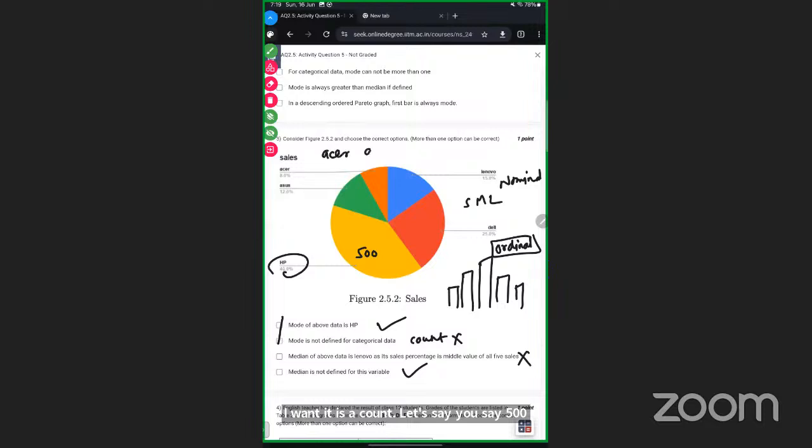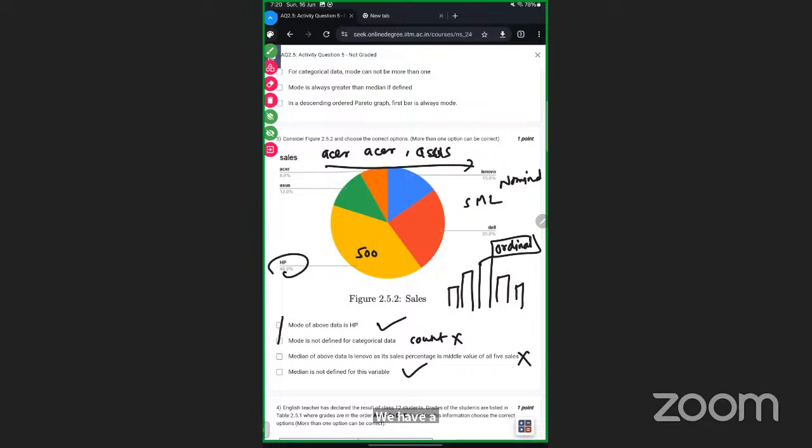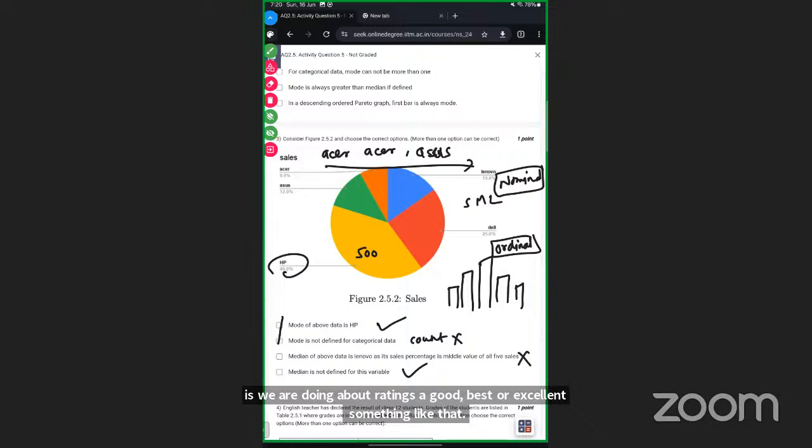You can't order it. The first task in finding median is you need to arrange the numbers in ascending order. It's nominal data, you can't put them in any order. Sir, if we are doing ratings like good, best, or excellent, can we find median? Yes, you can find median because it's ordinal data. Okay, sir.